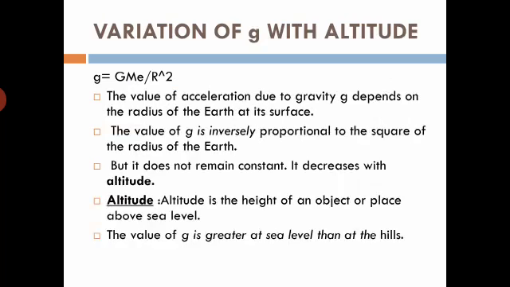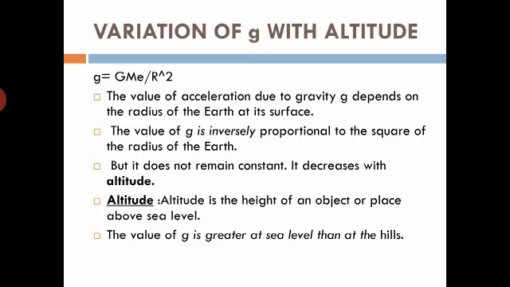The value of g is capital G Me divided by r square, where capital G is the gravitational constant and its value is 6.673 multiplied by 10 raised to power minus 11 Newton meter square per kg square. Me is the mass of the earth and r is the radius of the earth.